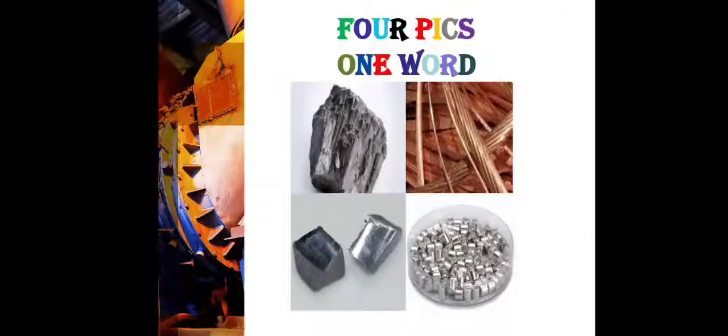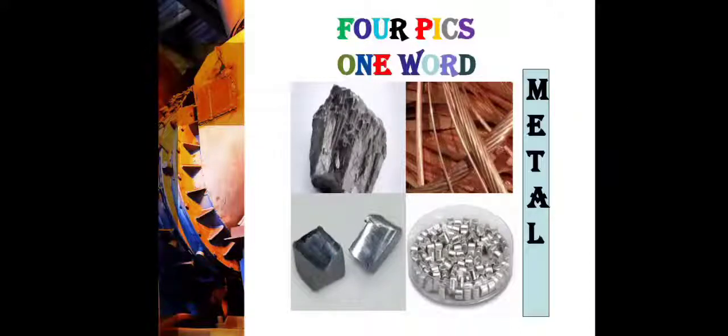actually these are elements that we can see in our periodic table, and we can also see this in our surroundings. And what do you think are types of elements is this? Wow, excellent. So this is metal.